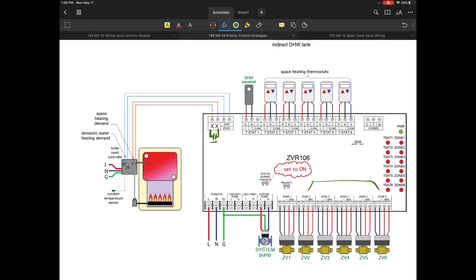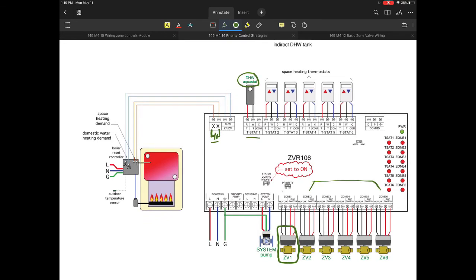We're still going to use the contact closure that's available when there is a demand. So if zone 2 through zone 6 have a demand, we are going to give this thing priority, which will then, of course, take care of that set of contacts. If T-stat1 has a demand because it's a domestic water demand, that will in turn send the 24 volts out to the zone valve.